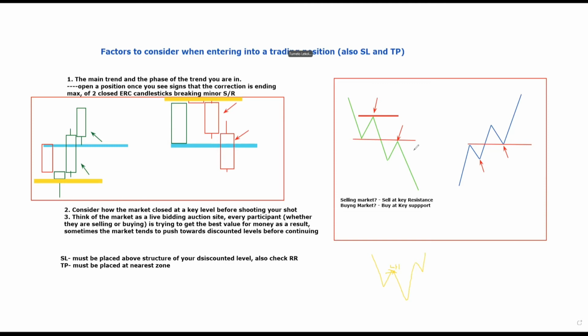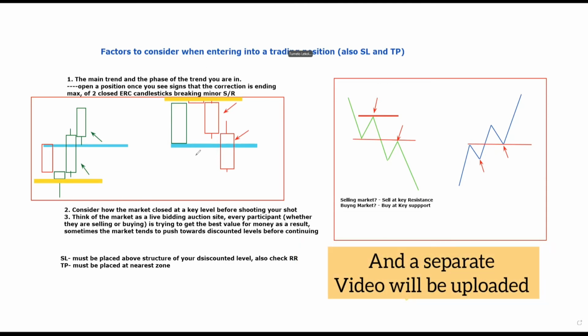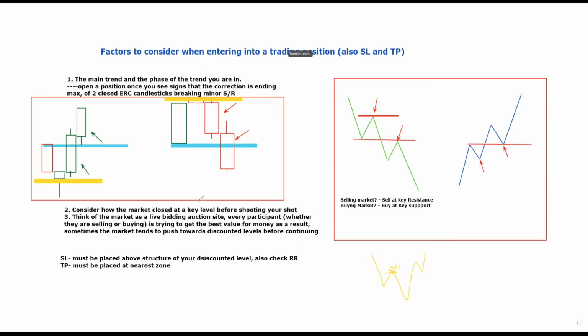The opposite is true for an uptrend, at a higher low. I'll show these discounted levels on a live chart so that you can see. But generally speaking, these are the things you're going to be looking for.